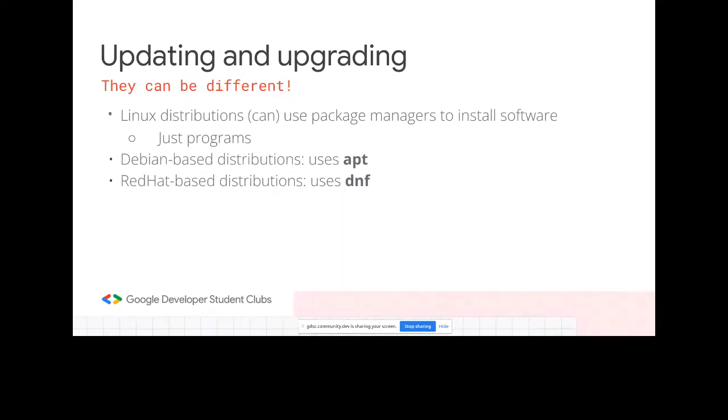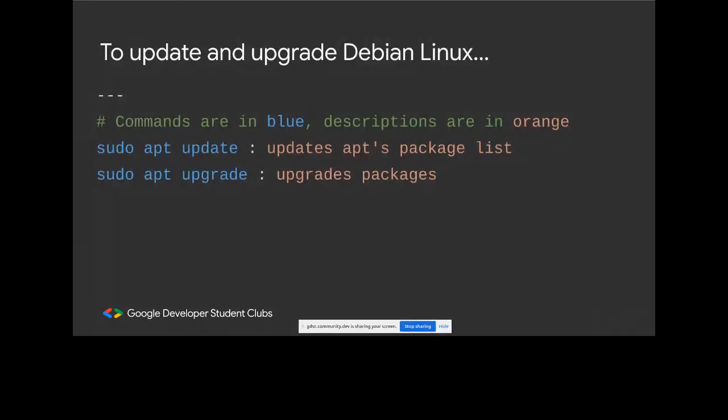Maybe at a different point in time, we might have a heated argument about which is better. But in recent times, the features are about the same. They do about the same thing, so we're not too concerned. Kind of beyond the scope of this workshop, there are tools where you can write one set of instructions and it will figure out whether to use apt or DNF. However, for today, we're just going to be using apt.